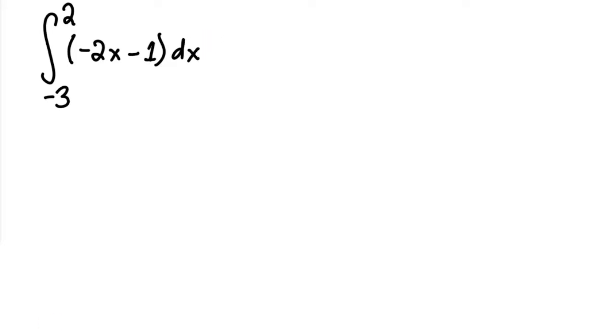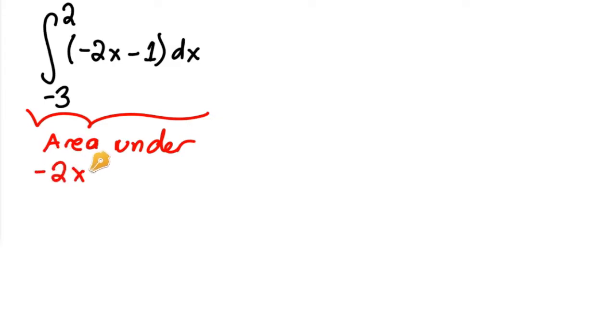Okay, so what we do is we interpret this as the area underneath the function negative 2x minus 1 from x equals negative 3 to positive 2. So let me give you a picture.